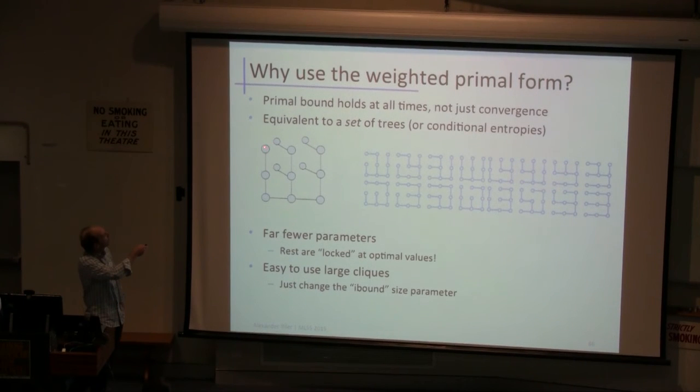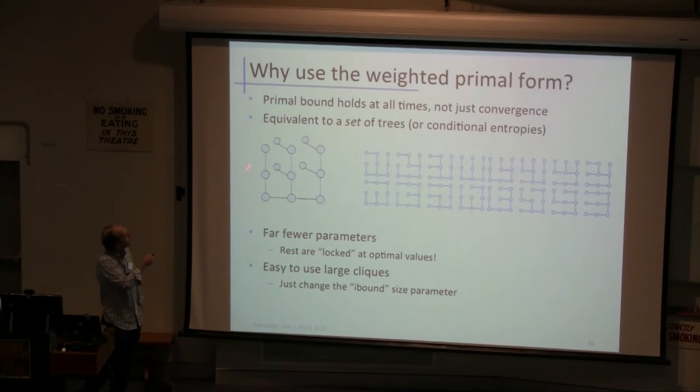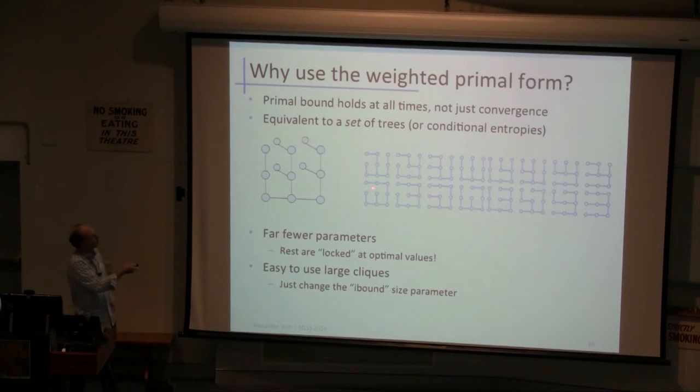So when I eliminate x1, I end up duplicating it, and I have a weight that tells me what the allocation of weight to those are when I eliminate x2, and so on. So this approximate elimination form has far fewer parameters than the full tree reweighted expansion.